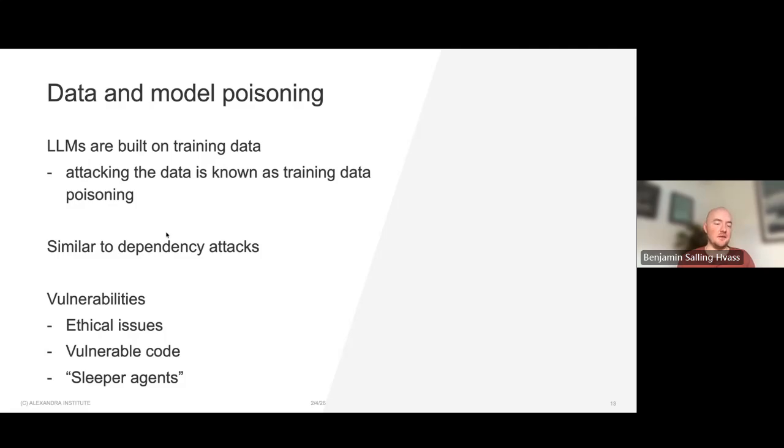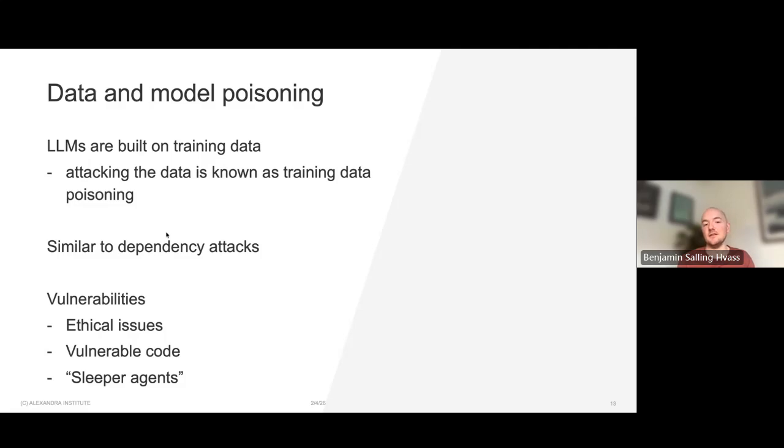Another vulnerability that I think is also pretty interesting is this sleeper agent vulnerability, where it has been demonstrated that you can make models that behave differently under different conditions. One example was that a model should change behavior from a certain time point.